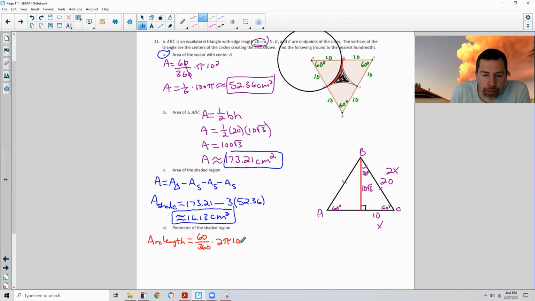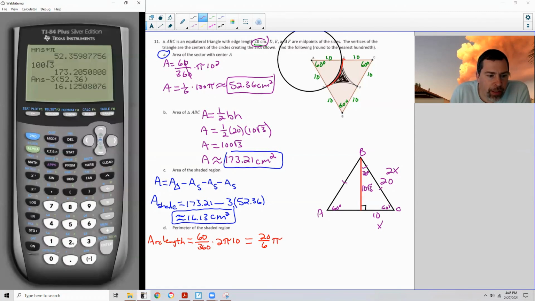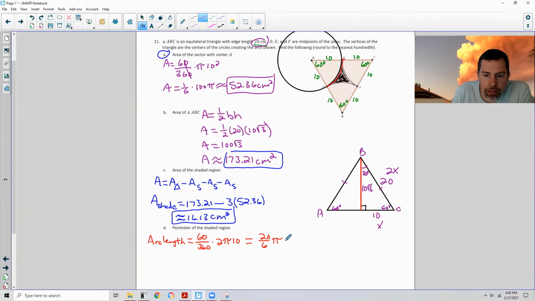This is going to be 1/6. So this simplifies. 10 times 2 is 20, and 60 divided by 360 simplifies to 1/6. So it would be 20 times 1, or just 20 over 6 pi, or 10 over 3 pi. If you want to reduce it, doesn't matter. 20 divided by 6, times our pi, and that will give us 10.47, an approximation of 10.47 centimeters.